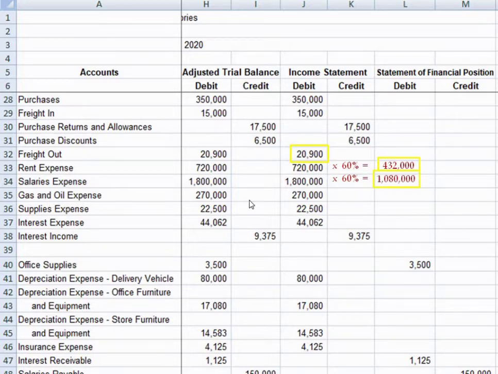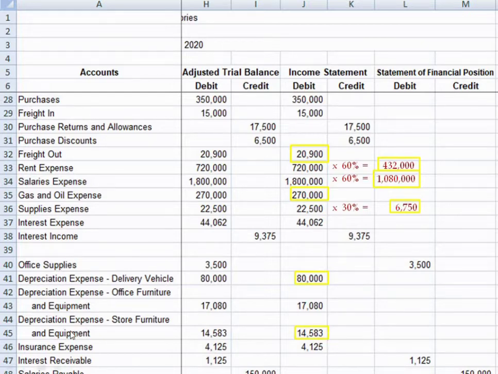Count gas and oil expense in, together with 30% of this supplies expense. Depreciation expense of delivery vehicle, as well as that of store furniture and equipment, are also considered as distribution cost.